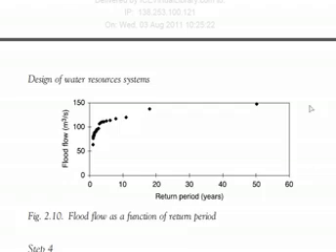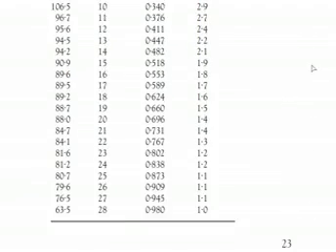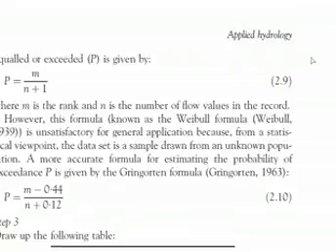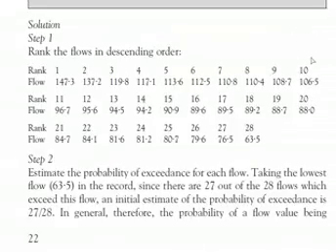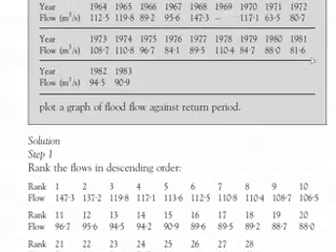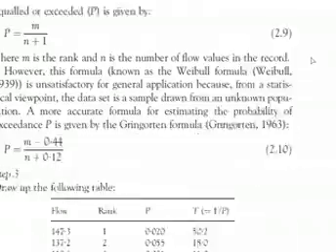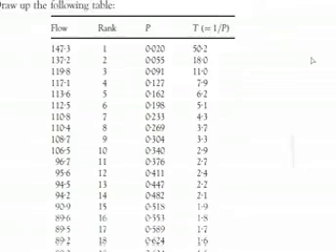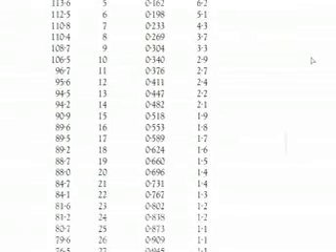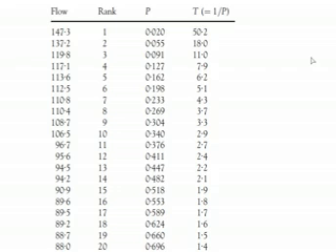Okay, so there's a simple process for taking a data set which you've obtained over a number of years from a measurement station, and using a simple statistical approach to work out the probability and hence the return period for any given flow rate.